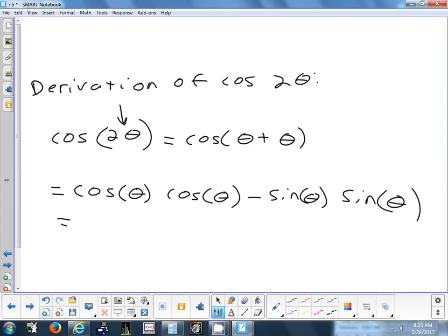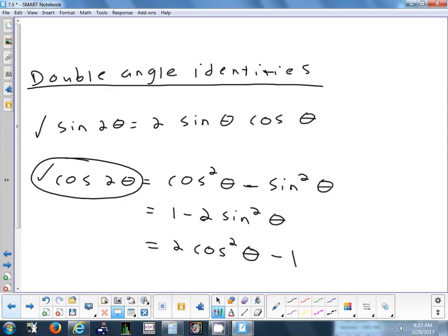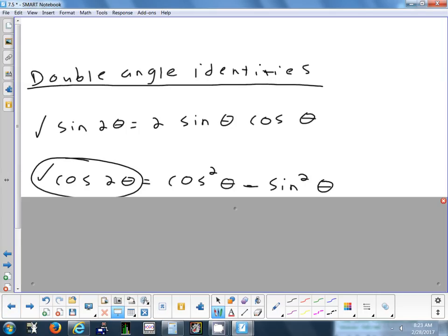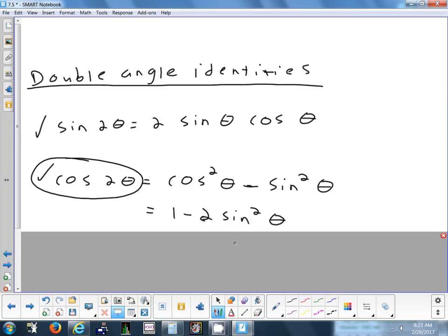This is like x times x. Yeah, this is cosine squared theta. And what about sine times sine? Sine squared theta. Cosine squared minus sine squared. And that's exactly what we have right there. So that's one version of the double angle formula. Not too bad to figure that out.